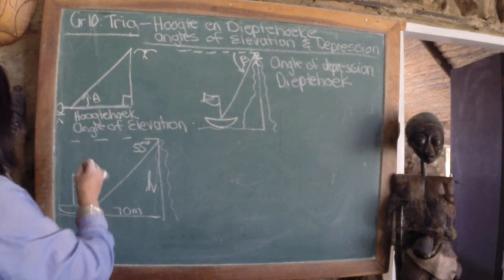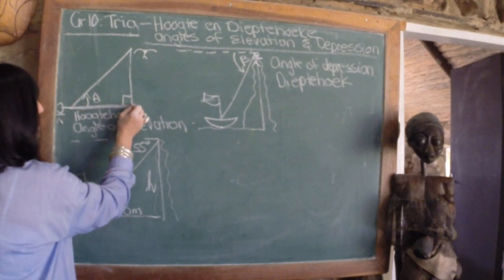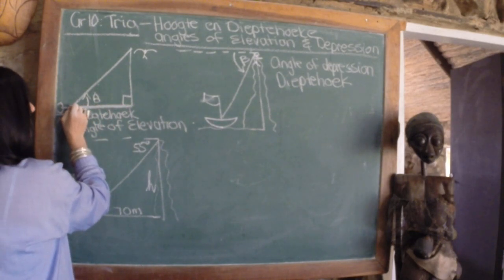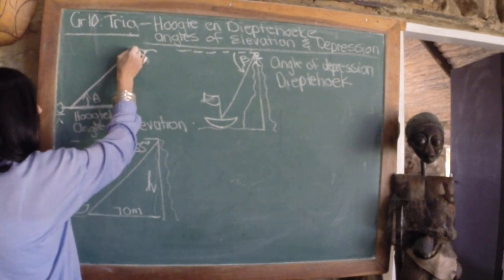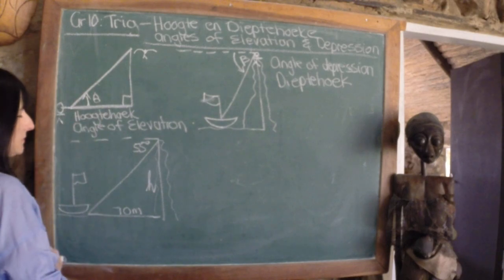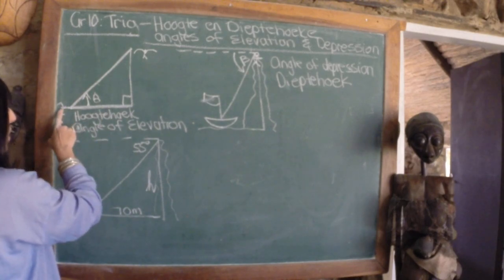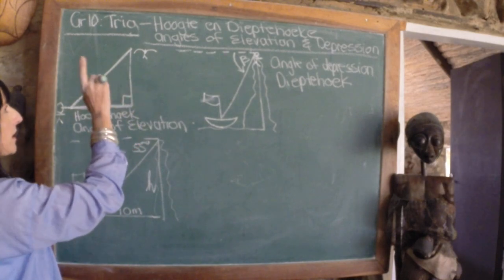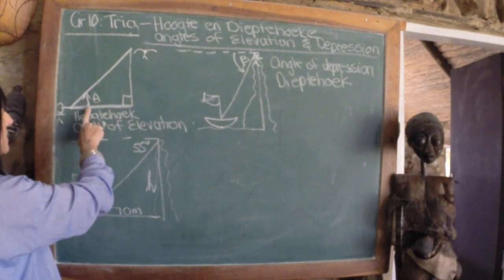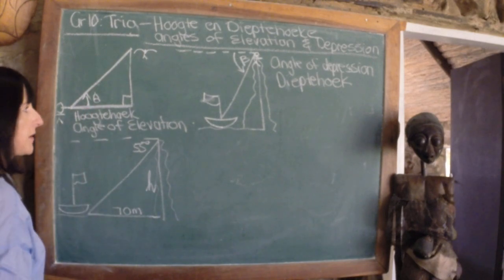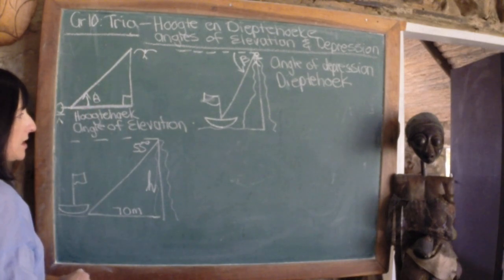So the angle that's being made from the horizontal to the bird, that's the angle of elevation. Die hoek wat gemaak word as die mannetjie horisontaal kyk en dan opkyk na die voël in die lug is die hoogtehoek. Ons noem hom theta. Very, very, very simple to understand.